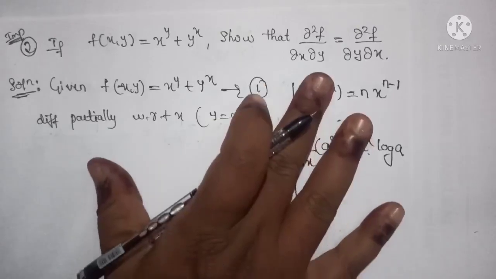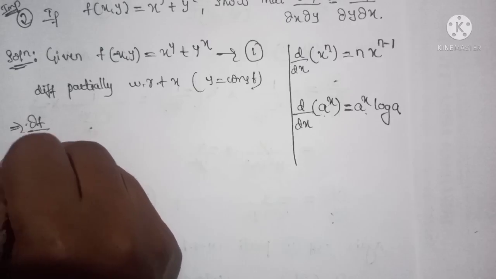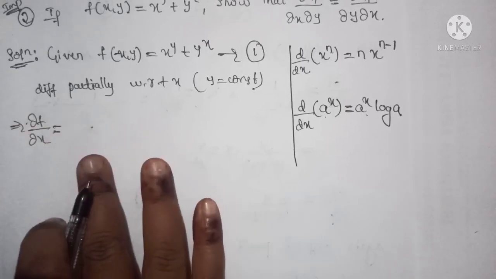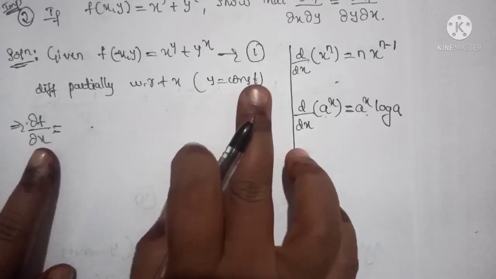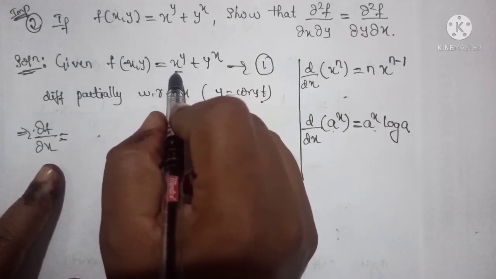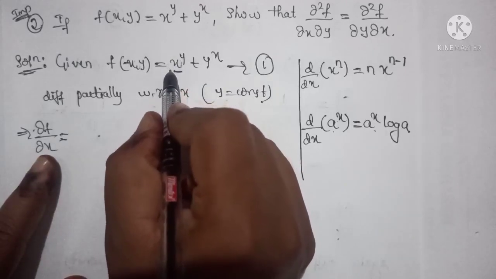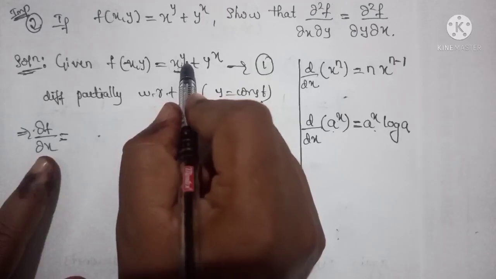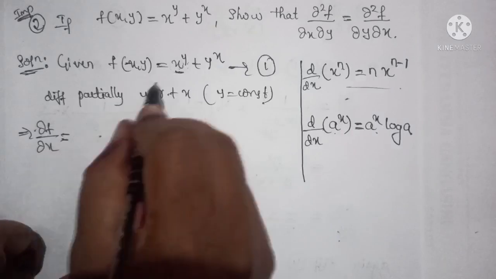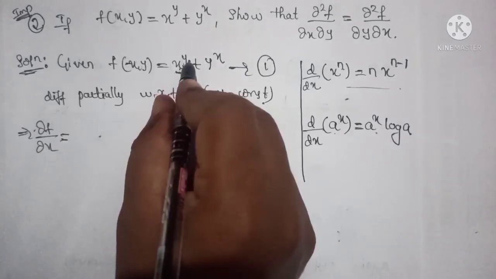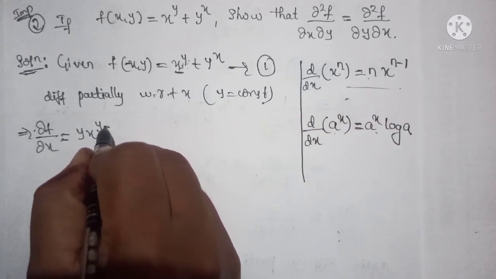So you can observe that ∂f/∂x is equal to, keep in mind that we are differentiating with respect to x, y is constant. In the first term we are differentiating x, so the base is a function and the power is constant. Therefore we apply the formula, so x raised to y becomes y x raised to y minus 1.